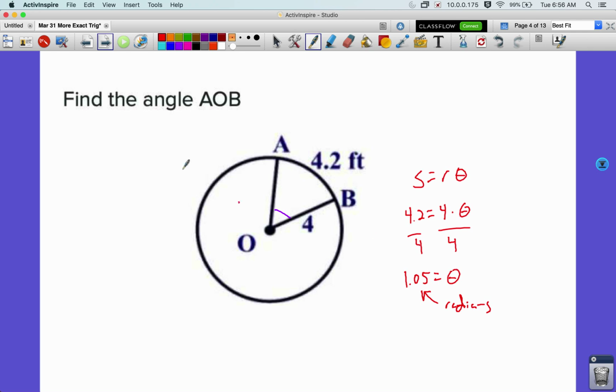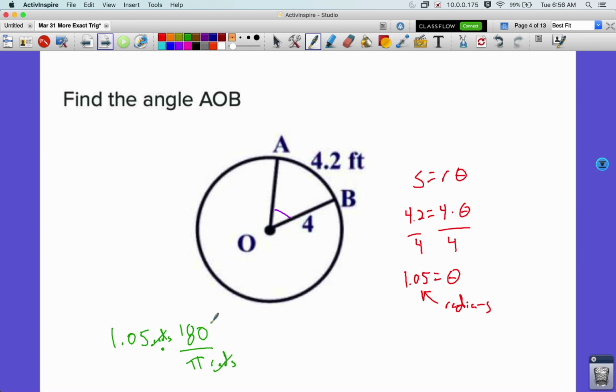1.05 radians. So we're done, but I think it could be useful to convert that to degrees, since half the time we like to work in degrees, half the time we like to work in radians. So what I have to do is multiply that by 180 over pi. That way I put radians on the top over here, and on the bottom over here, so they cancel out.